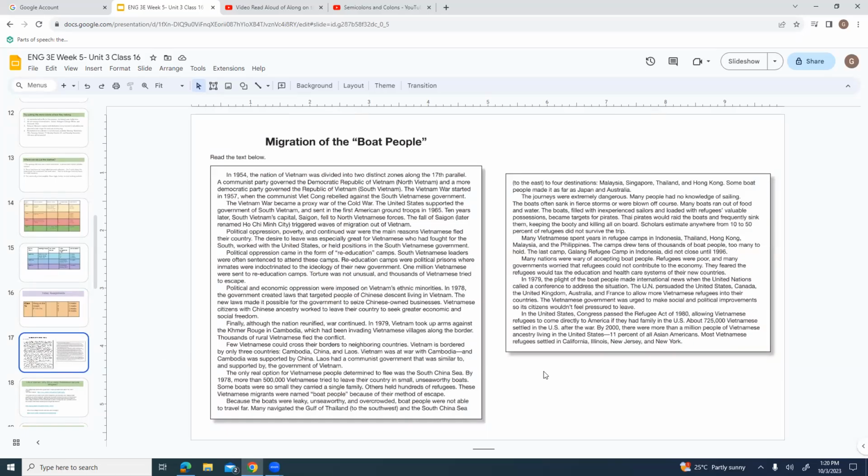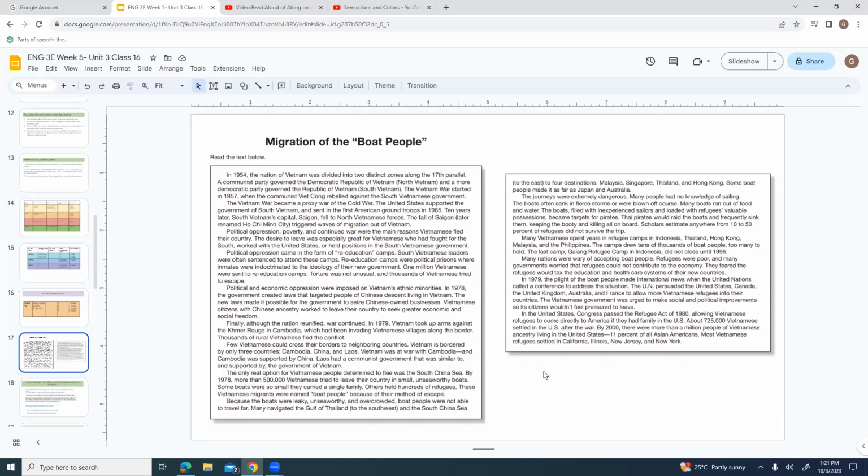Okay. In 1954, the nation of Vietnam was divided into two distinct zones along the 17th parallel. There was a communist party that governed North Vietnam, and then there was a more democratic party that governed the South.